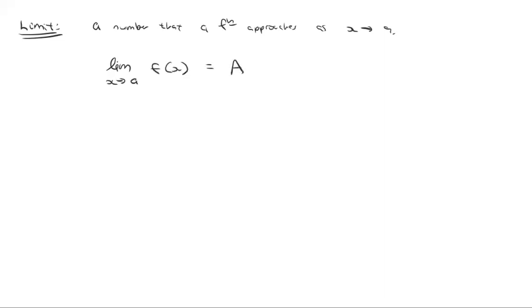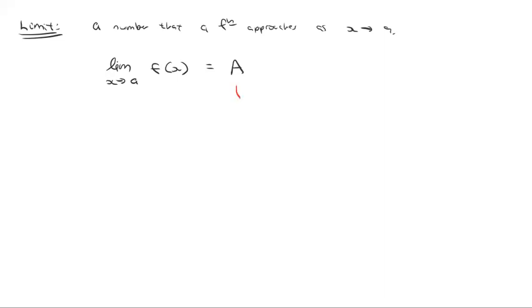Think of a limit as a number that a function approaches as x approaches a. In other words, we write it as the limit as x approaches a of f of x equals a.